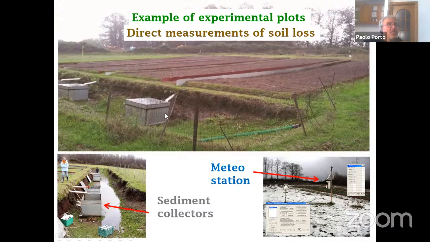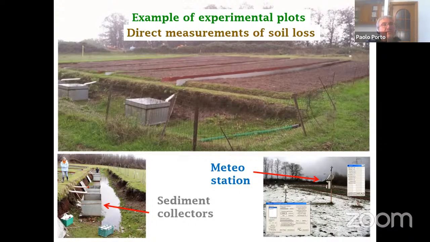These tanks, one for each plot or more than one depending on the size of the plots, are located at the base of each plot. And these are in charge of collecting runoff and sediment. And also for each experimental plot, we need a meteo station, which gives us the more important climatic variables like rainfall and temperatures, radiation, and so on.